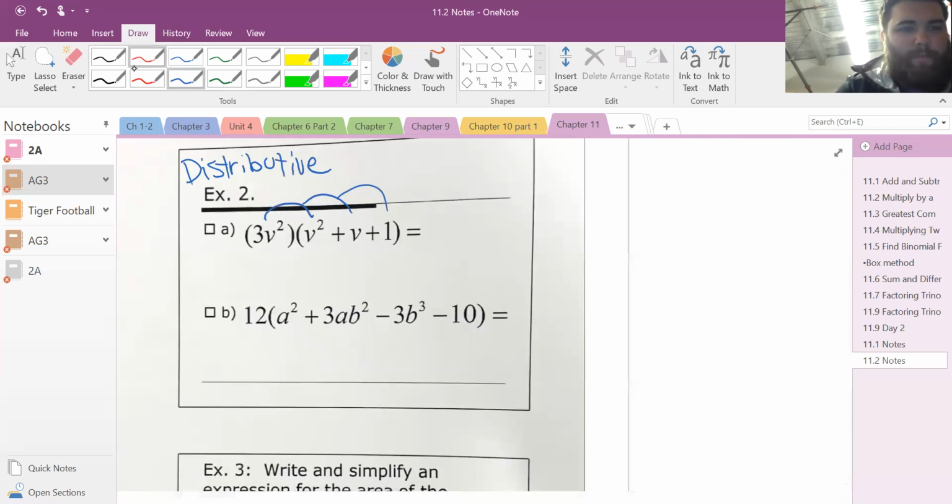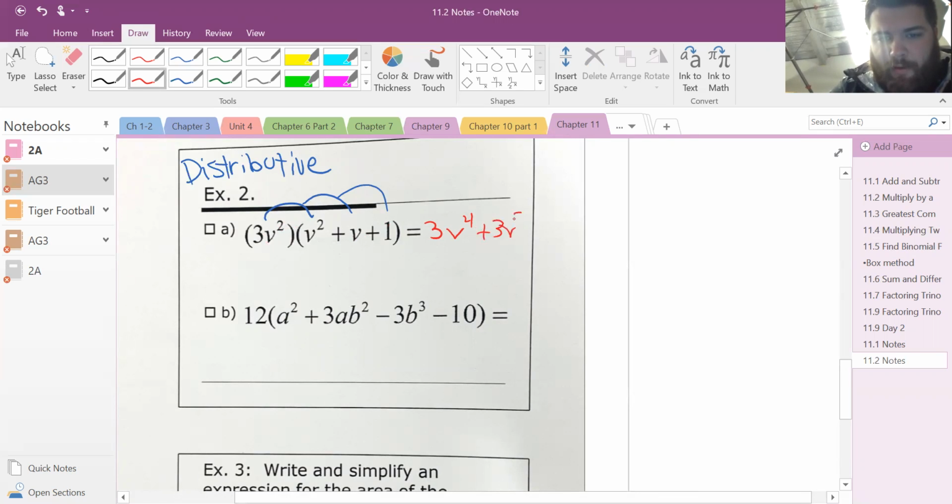So just working left to right, I take 3v squared times v squared. That's going to be 3v to the fourth. Remember, add the exponents. Squared and squared makes fourth. Next I have 3v squared times 1v. That's just going to be 3v cubed. Remember, there's an imaginary 1 up here. And last but not least, we just have it times 1, so it's just going to be plus 3v squared.